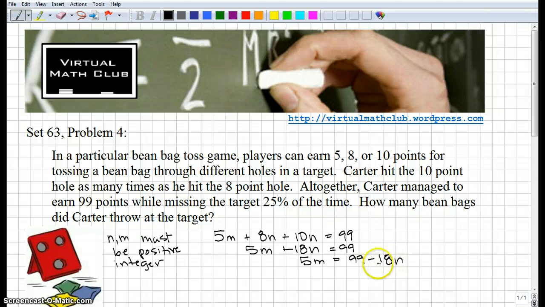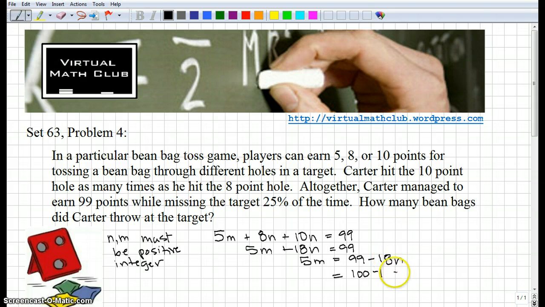So it has to be an integer when it's divided by 5. That helps me because I can break this down into a number of 5s plus something else, or minus something else. In this case, I'm going to write 99 as 100 minus 1, because I know 100 is divisible by 5.